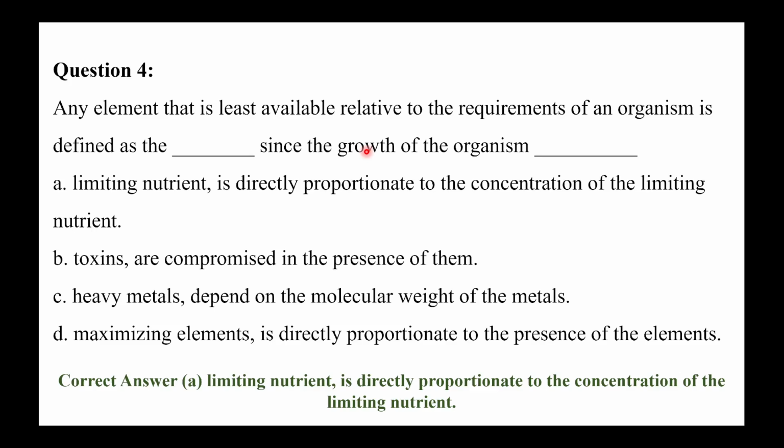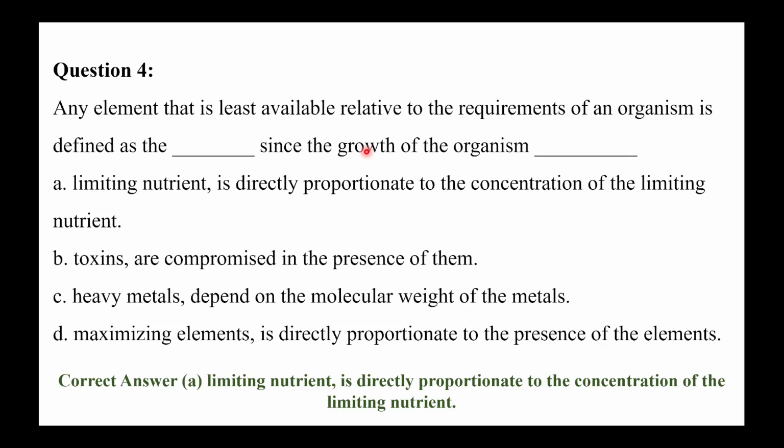So basically, limiting nutrient is the element that is least available relative to the requirements of an organism. So it is least available to the organism, so it will deplete first.